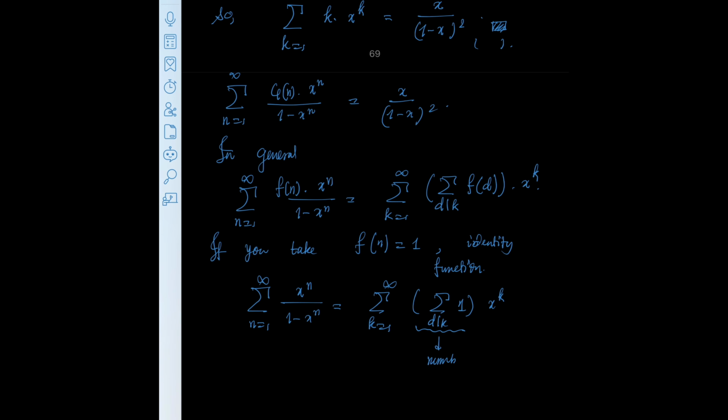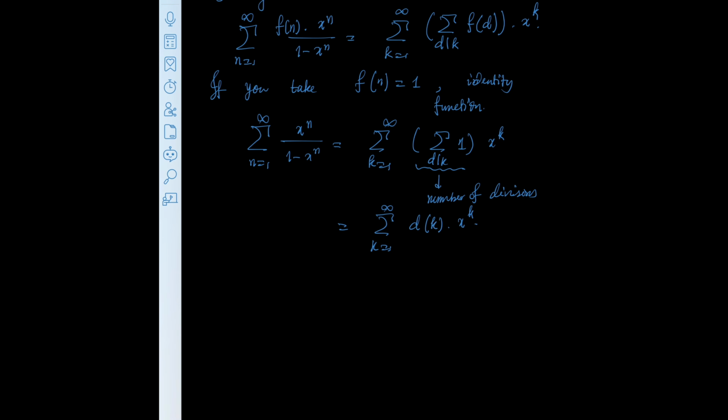And this is the number of divisors of k, d k. So it is the sum over k from 1 to infinity of d k times x to the power k. So this is the general fact.